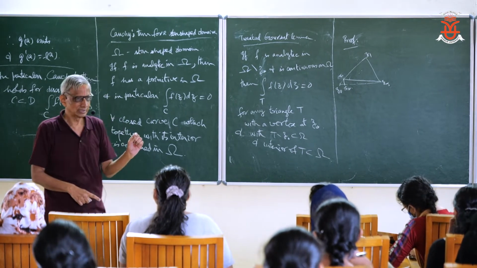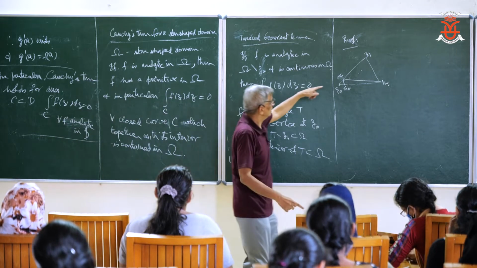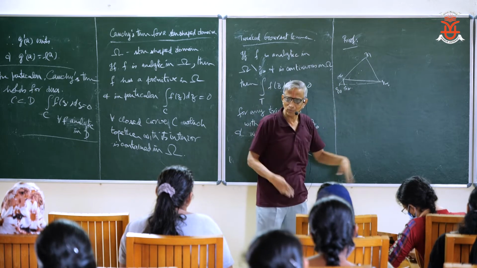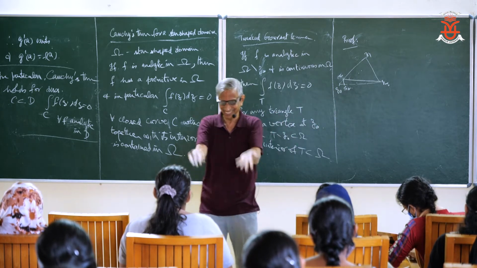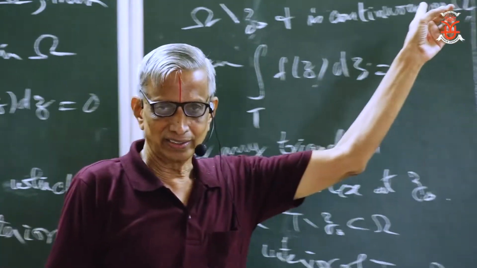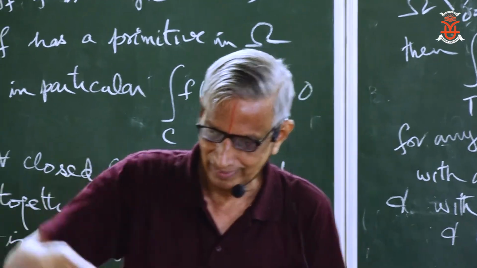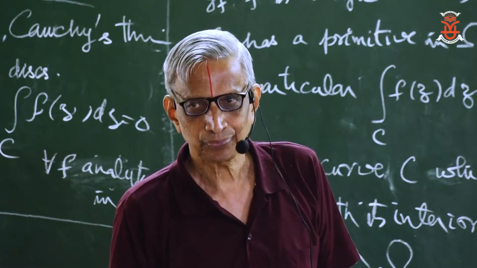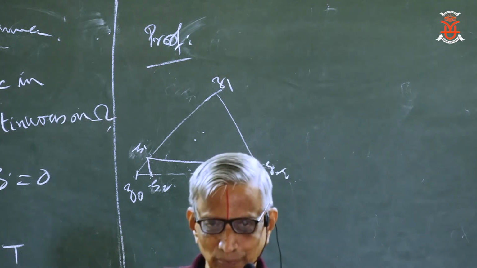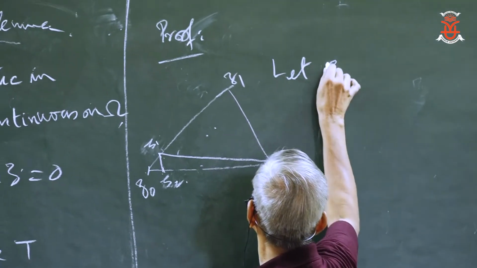Take point zeta 1 on Z0Z1 and zeta 2 on Z0Z2. You can write as you say. Come on, start writing. So denote the given triangle T by Z0, Z1, Z2. Or let these be the vertices of the triangle T. So if you want, you can start with an epsilon, right? So that you can make things precise. So let epsilon be greater than 0.